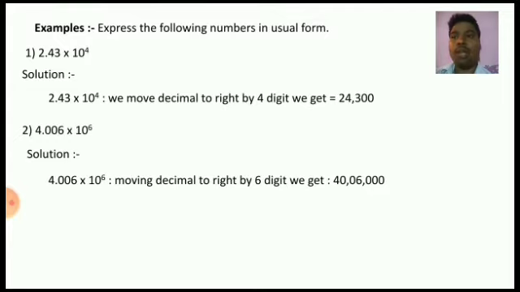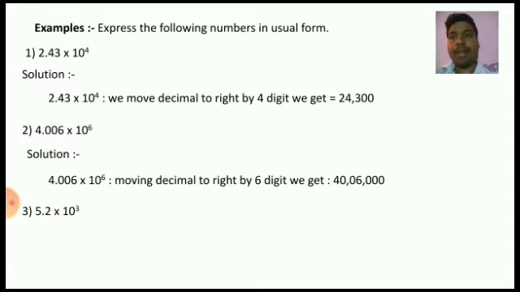If we move the decimal point to the right by 6 digits, we get 40 lakh 6,000. In this example, we only move the decimal point to the right by 6 digits, so we get the usual form of the given number, which is 40 lakh 6,000.